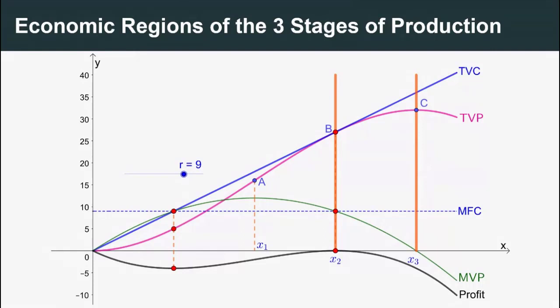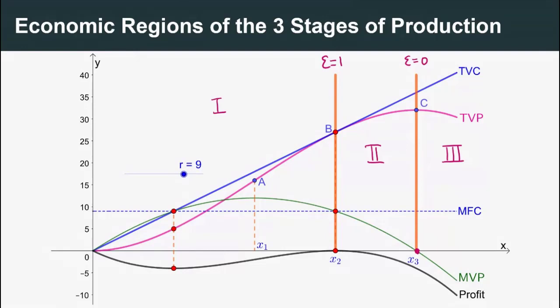So here is the elasticity equal to 1, and here is the elasticity equal to 0. And this is stage 3, stage 2, and stage 1. So let's actually start with stage 3. It is actually obvious that it's not optimal to use input more than X3 here.